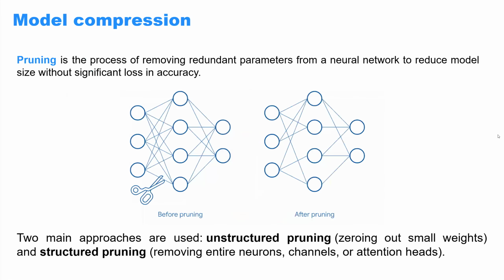Okay, so now let's talk about some optimization techniques. One of them is weight pruning. The main idea is just removing some unnecessary weights from our model, so it will consume less RAM, VRAM, like memory, and will compute faster because we have fewer parameters.